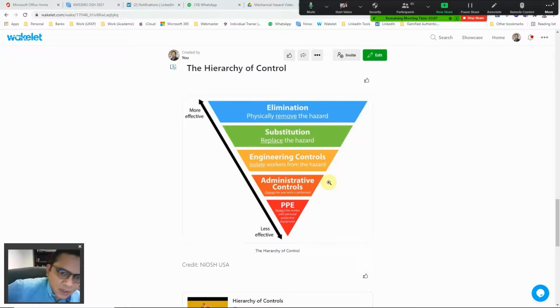So you can use the hierarchy of control in our situation right now. The best way to be free of COVID-19 is to kill COVID-19, in whatever ways we can. So vaccination is one way, but vaccine is still not very effective yet.